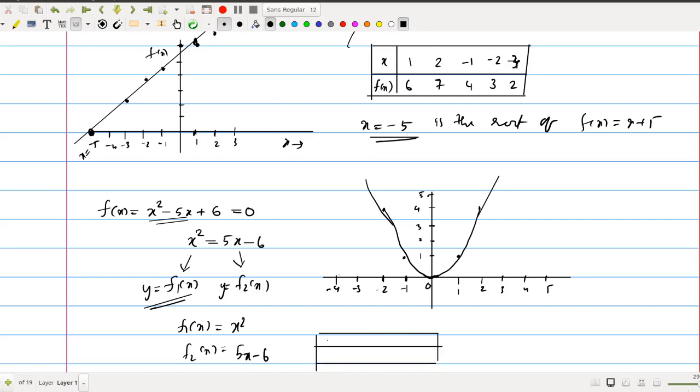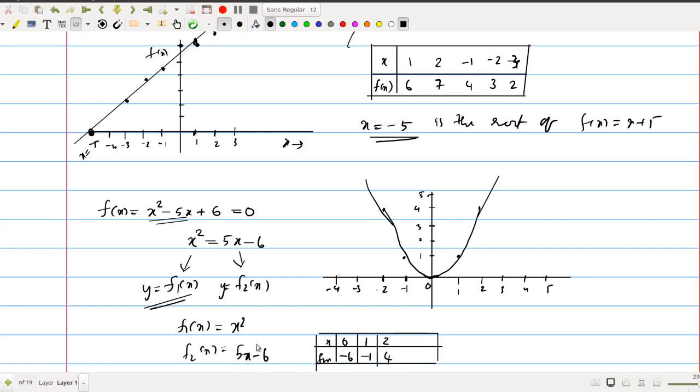So by taking the values x and f of x here, when you put x equal to 0, then you can get minus 6, and x equal to 1, this is minus 1. By putting the value of x equal to 2 here, then you have 2 times 5, that is 10 minus 6, that is 4.